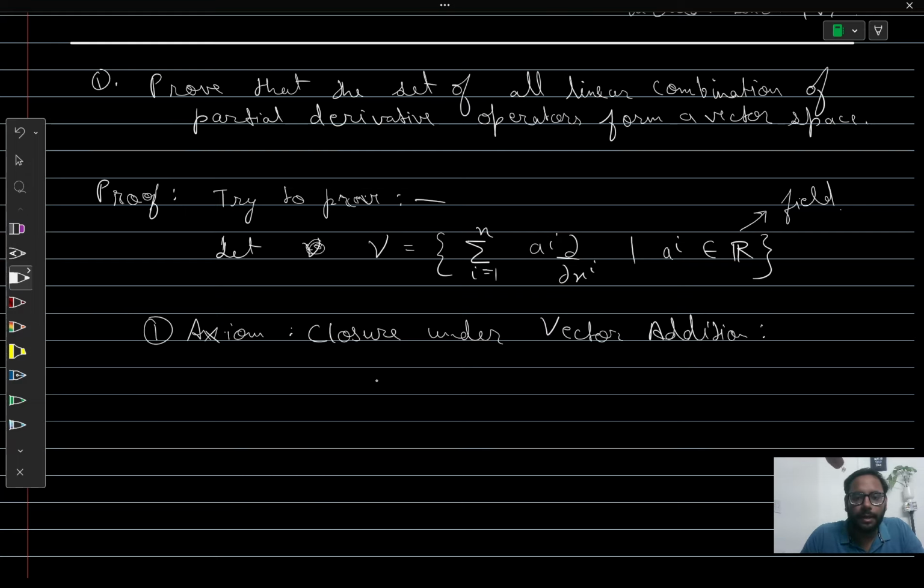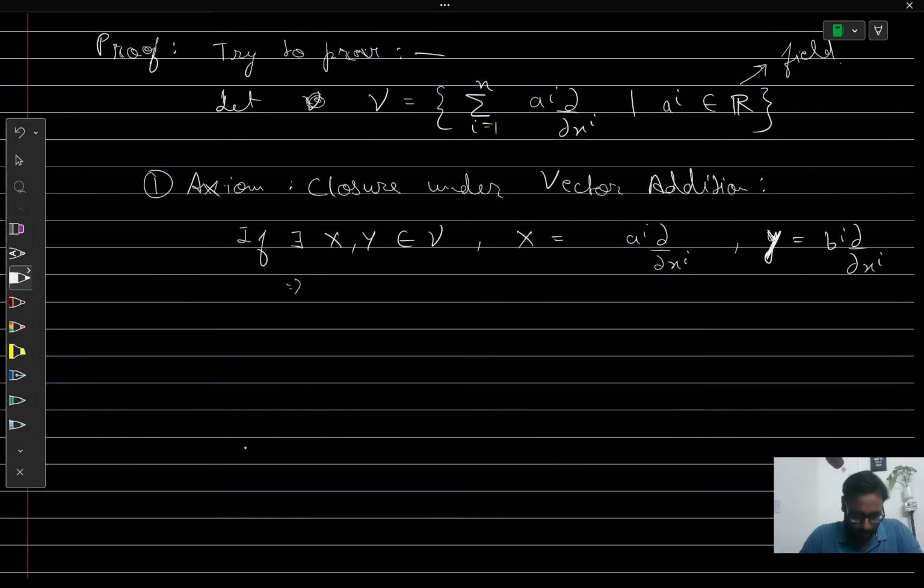Suppose there exist x and y belonging to this space such that x equals ai ∂/∂xi, one of the vectors, and another vector, capital Y, equals bi ∂/∂xi. You just try to add them.